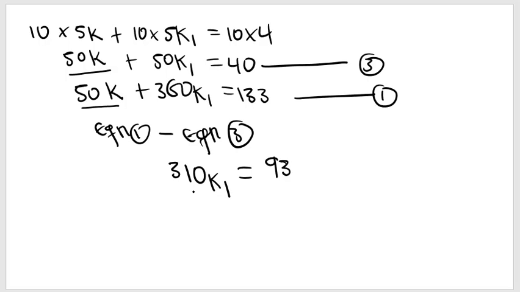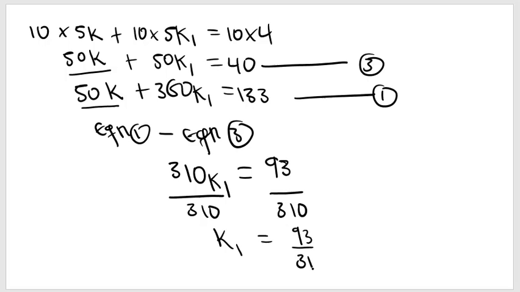I once again divide both sides by 310. So my k1 will be equal to 93 over 310, which when you simplify further gives us 3 over 10.